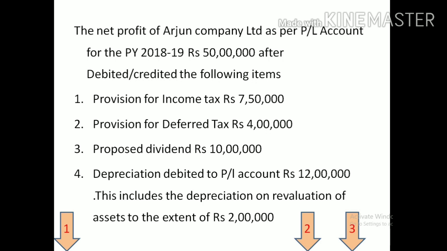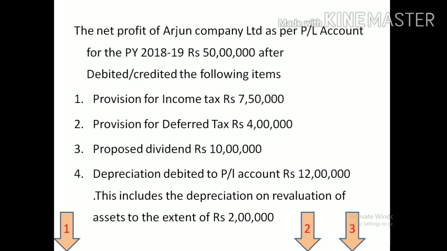When you are deducting some amount in calculating book profit, you should observe the credit side. That's enough. Then the two also need to be observed in adjustment: unabsorbed depreciation and business loss as per books, and then depreciation and revaluation. This is the concept.